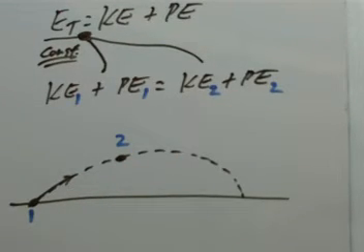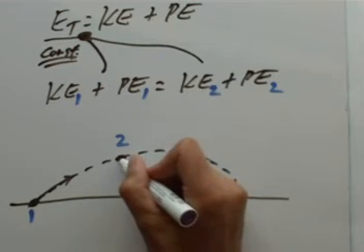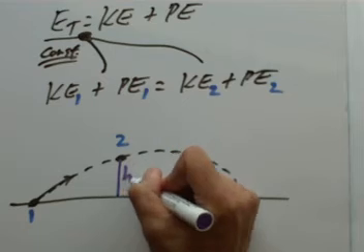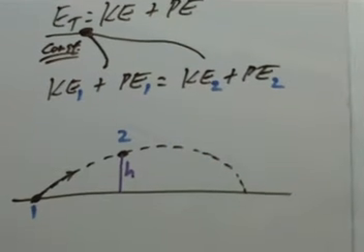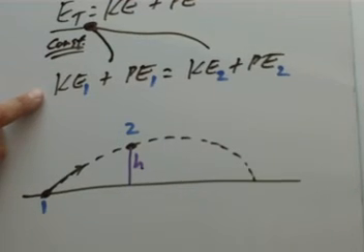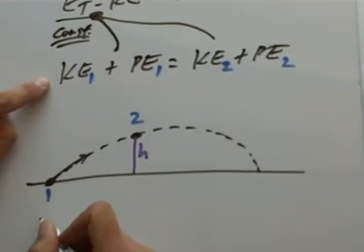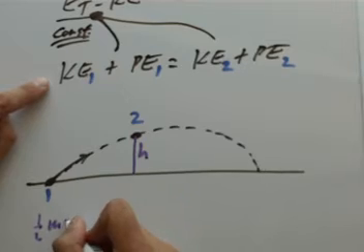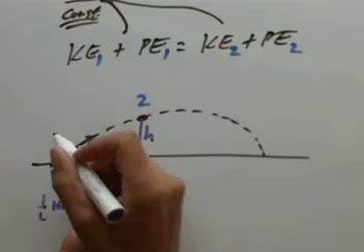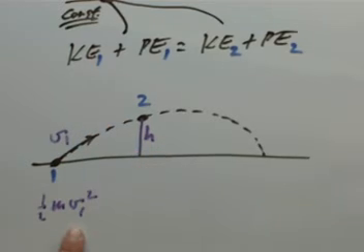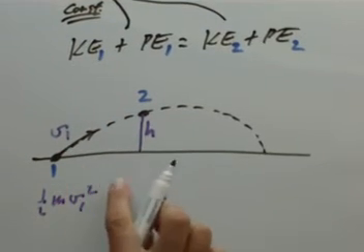So we can just go ahead and set up an equation and see where it might take us. What we notice about point 2 is that because it's off the ground now, the ball has developed some height h above the ground. So that will contribute to the potential energy at point 2. So let's fill in this equation here. The kinetic energy at point 1 is 1/2 m times v1 squared, where I'm being very careful with my subscript, saying v1 is the speed at point 1 where the ball is being launched. Now, there's no potential energy here.